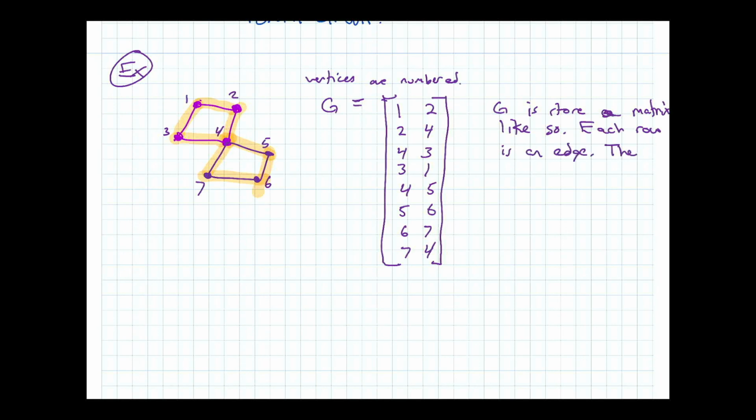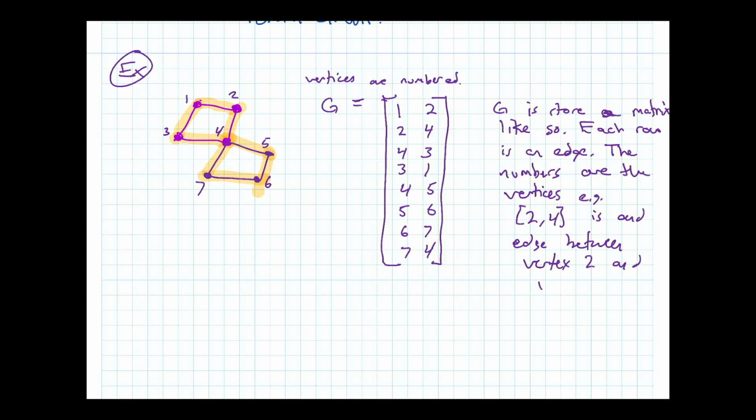The numbers are the vertices that the edge is between. Right, e.g., 2, 4 is an edge between vertex 2 and vertex 4. Okay, so that's how we're going to store our matrix.